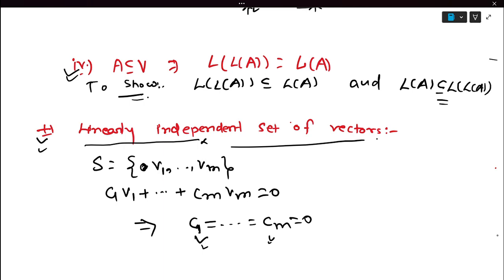All coefficients of the vectors have to be 0. Then we call these vectors v1, v2, vm linearly independent vectors.